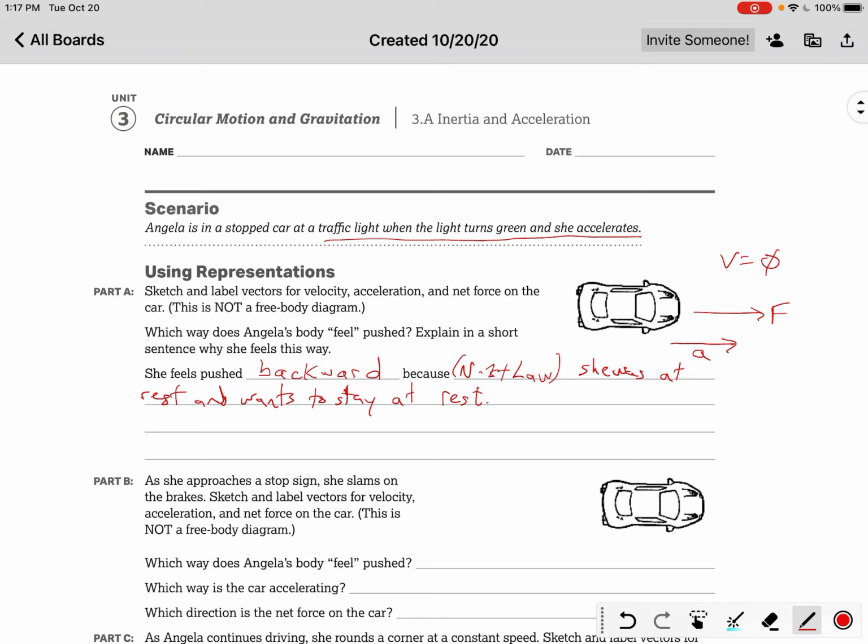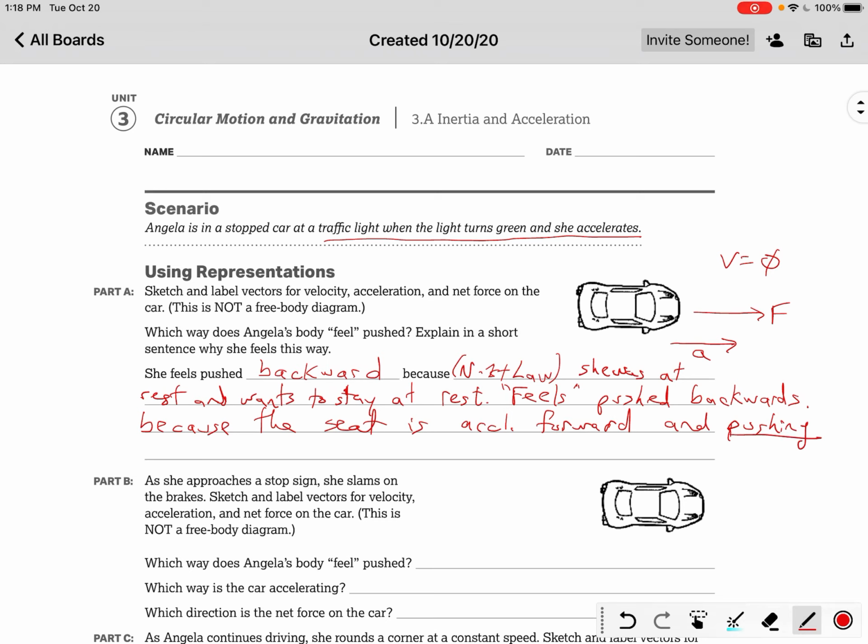So she feels pushed backwards because the seat is accelerating forward and the seat is pushing on her, applying a force so that she accelerates too.